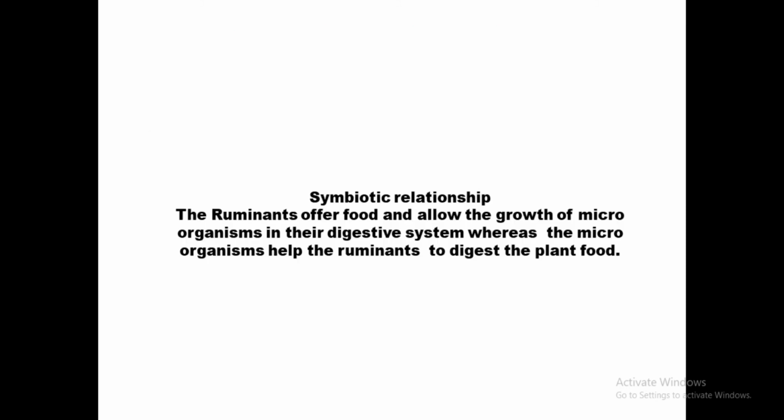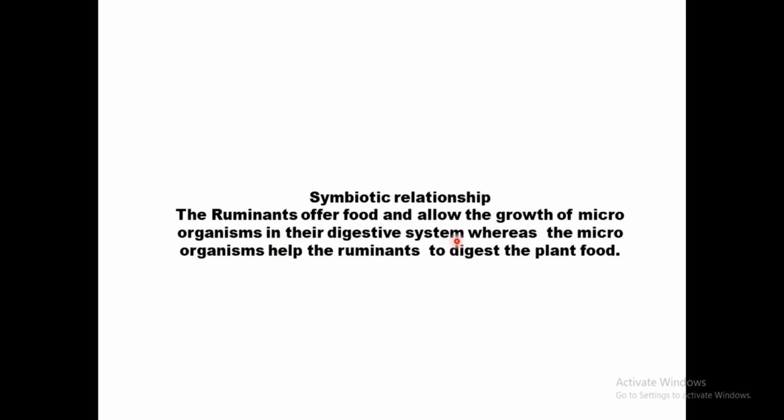Now, a very important point to be noted is a symbiotic relationship. Where did you find the symbiotic relationship? The ruminants offer food and allow the growth of microorganisms in their digestive system.